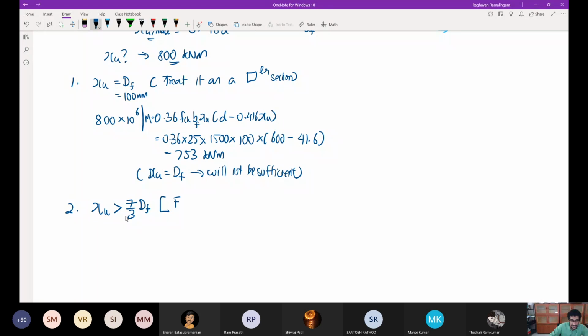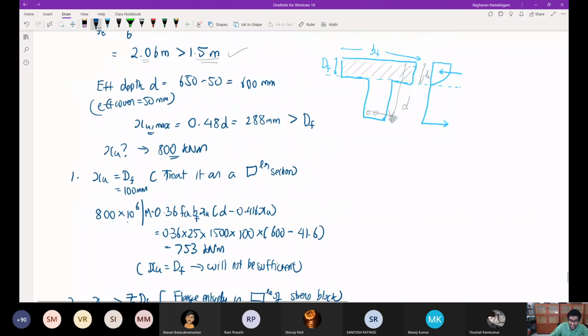the flange is entirely in the rectangle of the stress block.